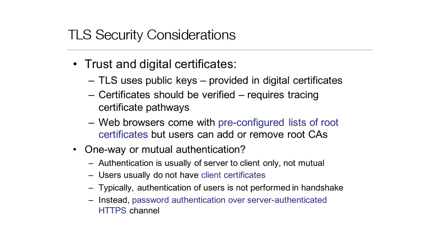Usually in client browsers, operating systems, or the device hardware, the root certificates of the trusted certification authorities are pre-configured. So when we get our web browser, our mobile phone, or whatever device we connect to the internet, those root certificates are pre-configured at production.